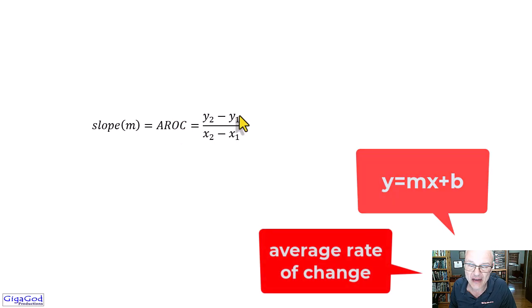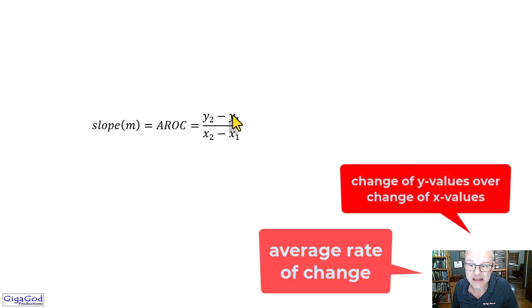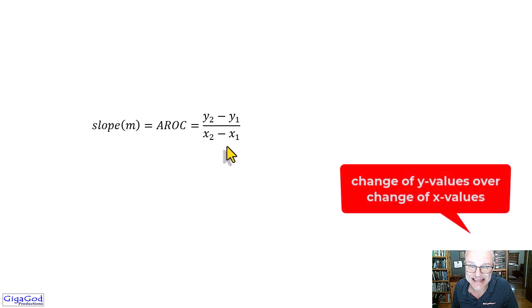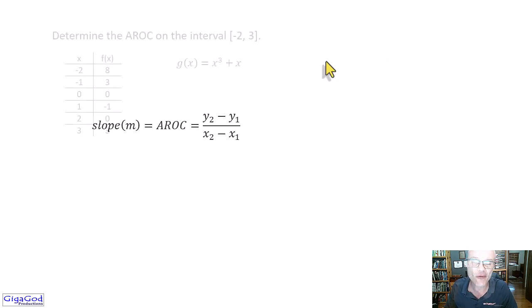And when you're calculating the average rate of change, you're using the change of y's divided by the change of the x's when you're specifically talking about 2 points. So the little subscripts, ones and twos, just represent point 1 and point 2. And this is going to be clear as we move forward.